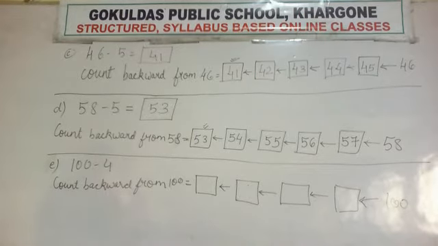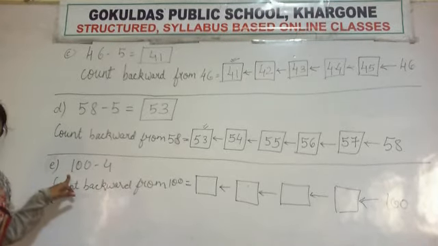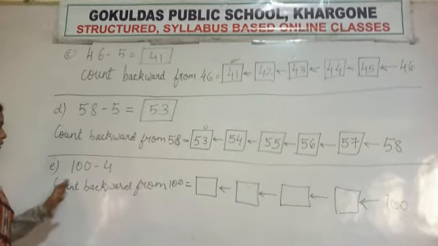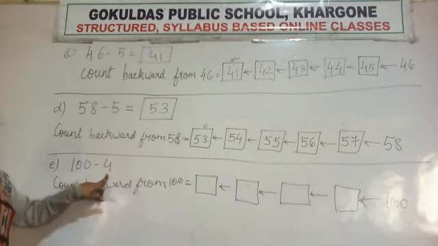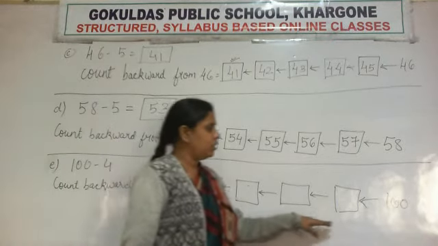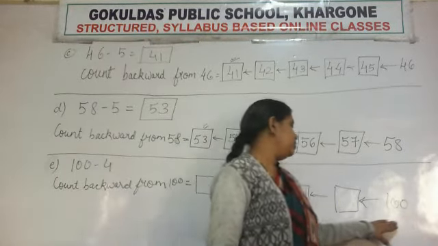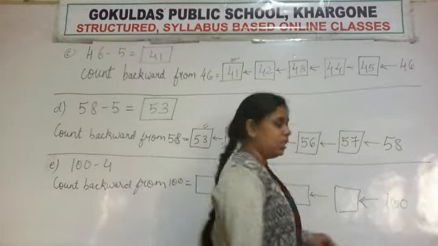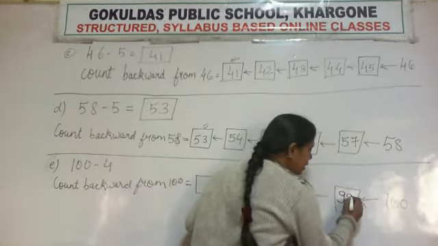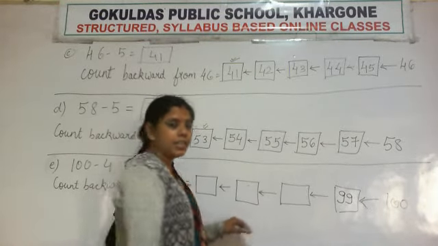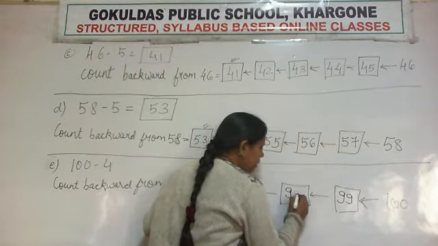Now check your answer. What is our question? 100 minus 4. Okay. That means we have to count 4 numbers back from 100. So start counting 4 numbers back from 100. The number that comes before 100 is 99. Now the number that comes before 99 will be 98.